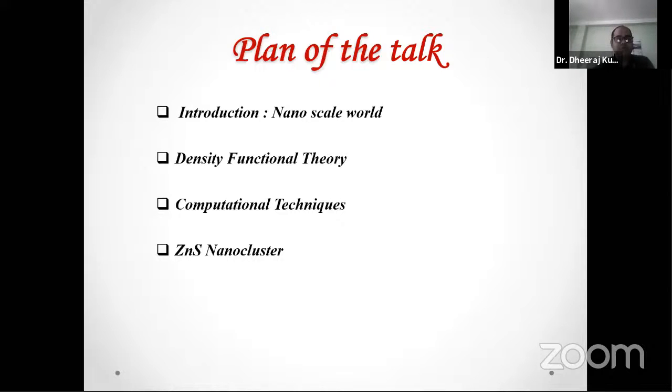Third will be the different types of computational techniques which are used by researchers in the present scenario. And the last section is about zinc sulfide nanoclusters, a system which is studied using computational techniques to explore its properties. Next slide, please.